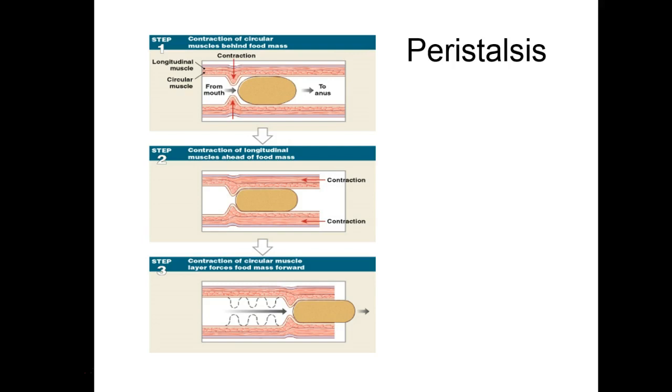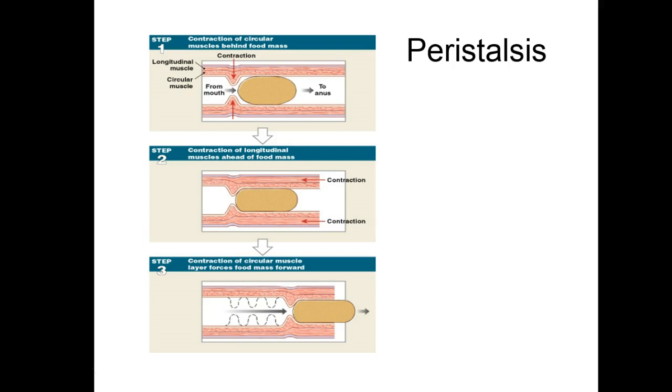Particularly the circular muscles are contracting and making a door so this bolus can't move backward, and the longitudinal muscles are holding it tight. Then on the high side of that contraction holding it in place, you have this kind of wavy motion.